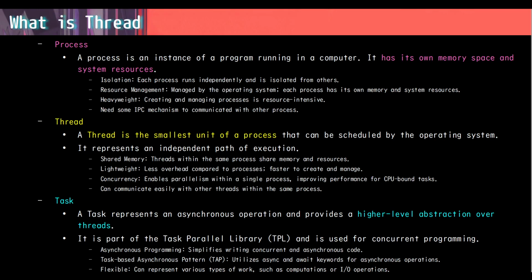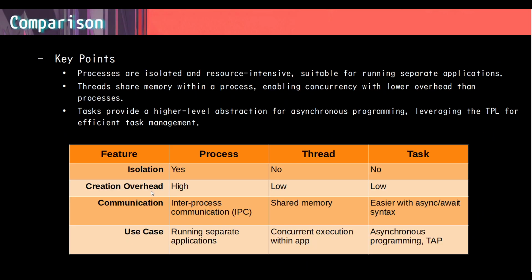Right now, we are thankful because C# provides tasks for us, so some tedious problems are solved by simply using tasks. Okay, next. This is a very simple table comparing process, thread, and task.